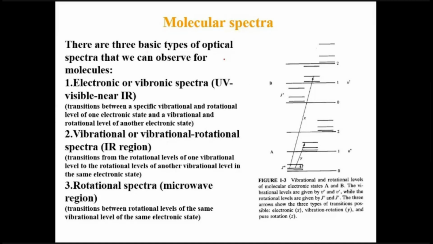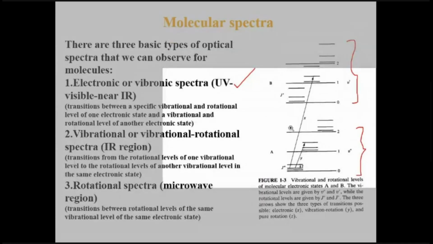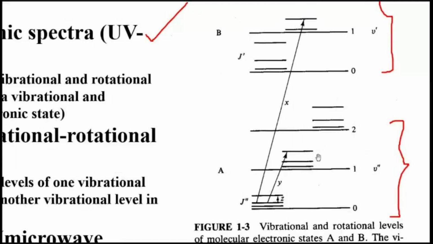There are three basic types of optical spectra that we can observe for molecules. We have seen the first type already, the UV spectra. What happens in UV spectra can be understood by this diagram on your right hand side. I will zoom into the diagram. See, there are different levels of molecular orbitals.